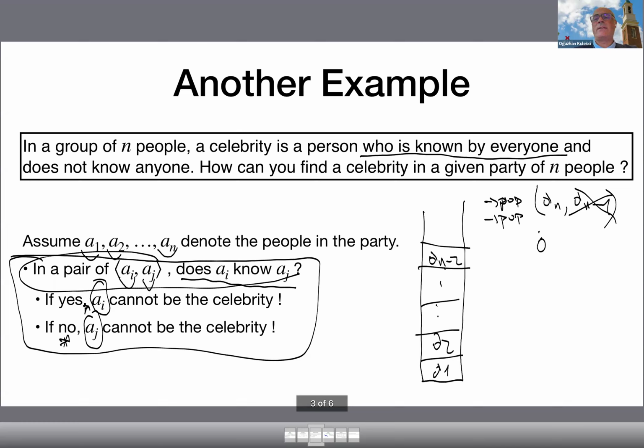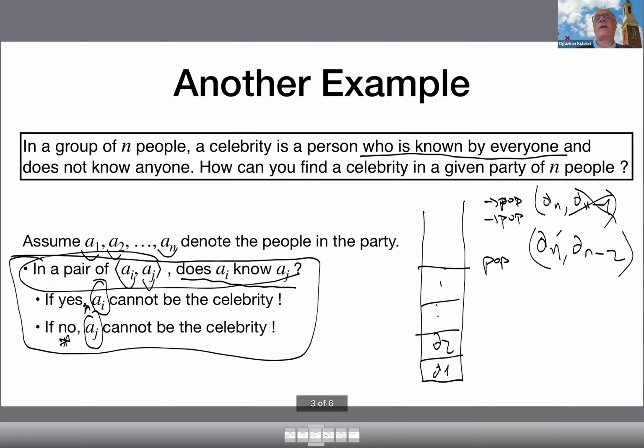Who is alive here? AN. So you pop the next element, which is AN minus 2, and you do the same thing with it. Okay, so you pop this out. And again, according to the answer, one of these guys will be eliminated.